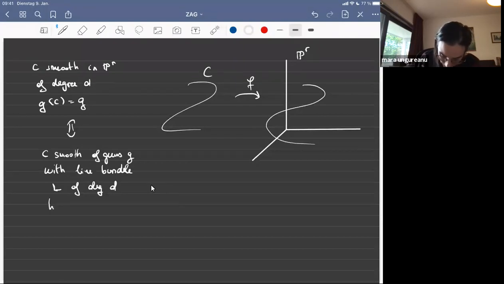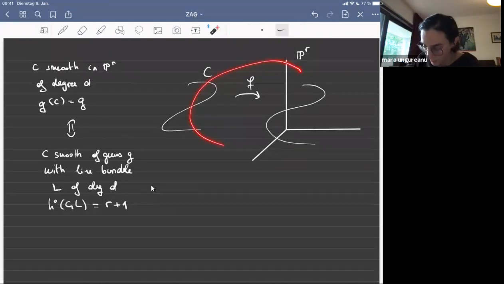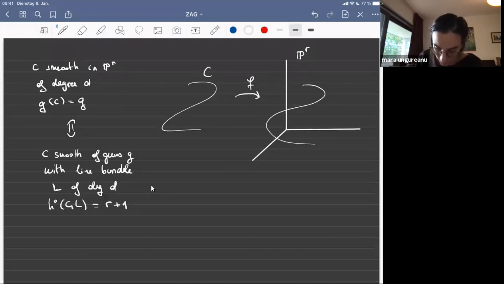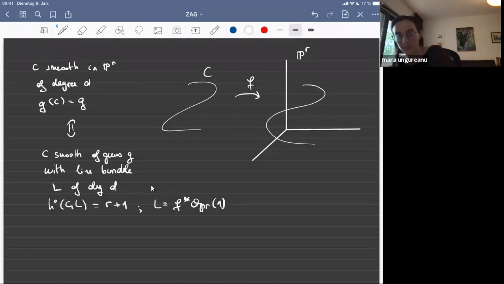And I'm going to restrict myself to the case where these linear systems are complete. So I'm just going to say that h^0(L) is equal to r plus 1. And to make the connection to this picture, here is how the embedding relates to this line bundle. Actually, this line bundle is nothing but the pullback of the hyperplane bundle in my projective space.